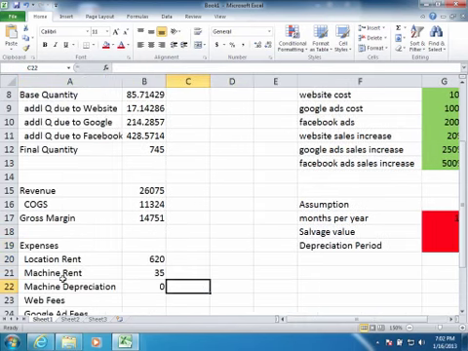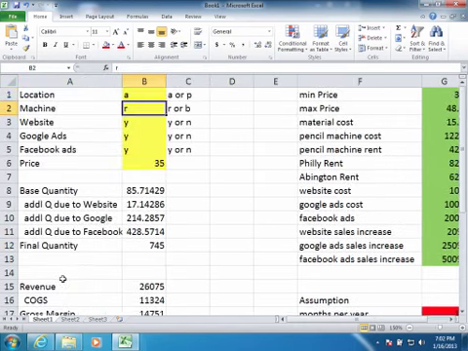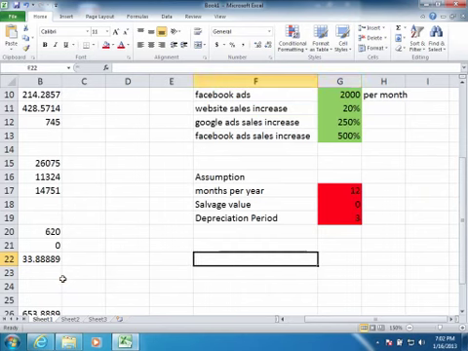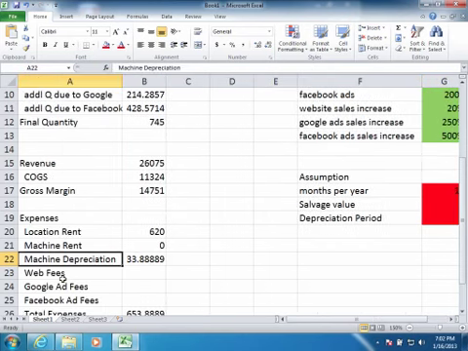Okay, so if instead of renting, I buy, you can see it automatically figured out what the machine depreciation would be: the 1220 minus 0 divided by 3, and then divided by 12.